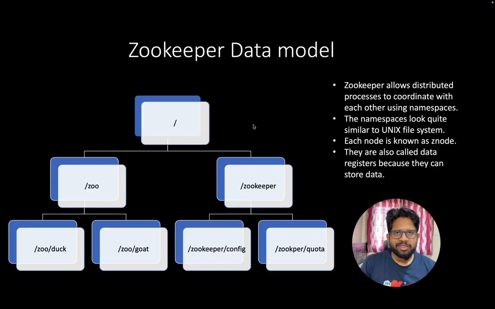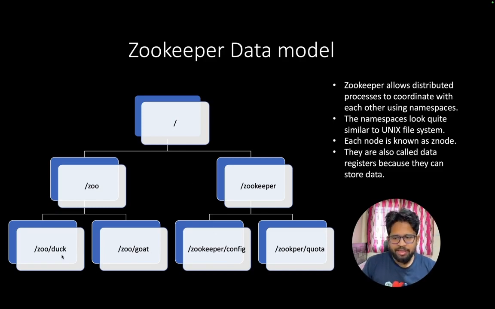This is how the Zookeeper data model looks. The name they have given to the Zookeeper data model is namespace. And this namespace looks quite similar to the Unix file system. So you can see there is a root, which is /. Then there are subfolders like /zoo, /zookeeper.